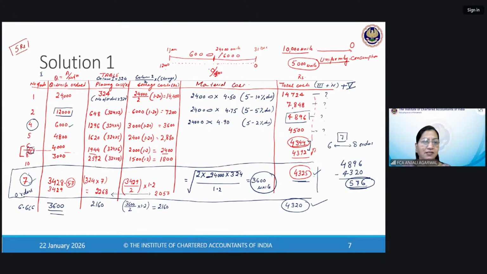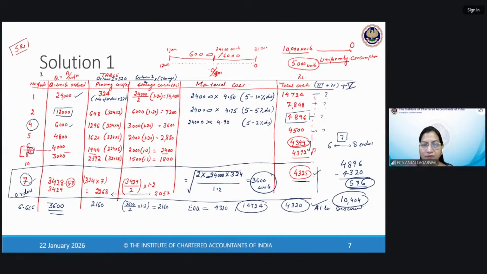If the vendor has said, please pick up all your lot in one go, then we would say, please offer us something around 10,404 rupees as discount. We need at least this much discount. Why? Because in EOQ, our cost was 4,320. But if we give one order only, it will cost us 14,724.